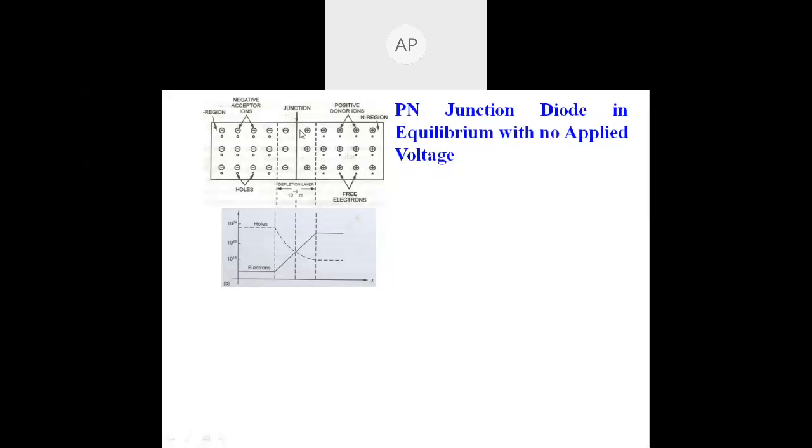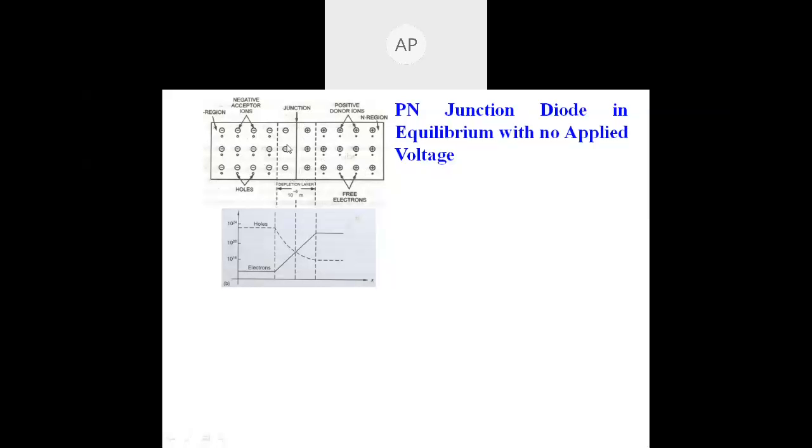Now what will happen once this barrier is developed near the junction? There are positive ions on the N side and negative ions on the P side. They generate an electric field, or a potential, which is called an electrostatic force.